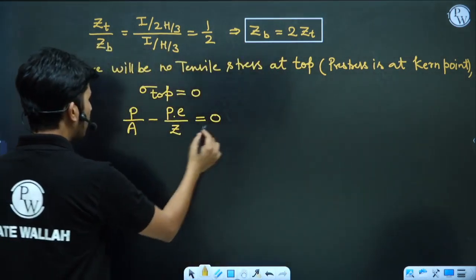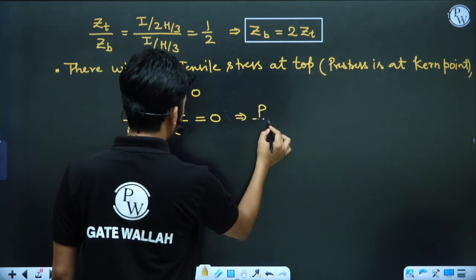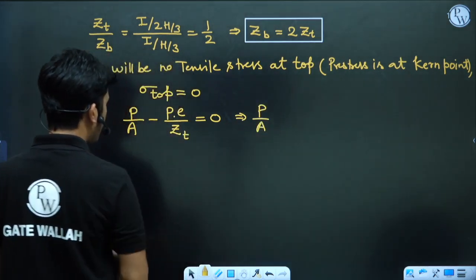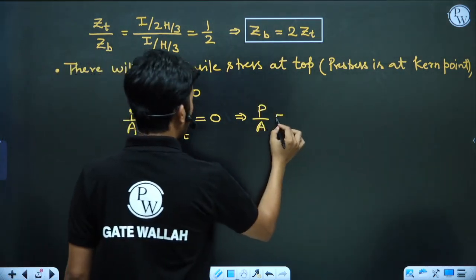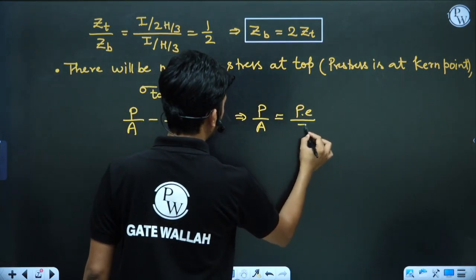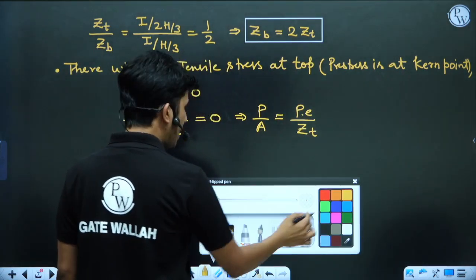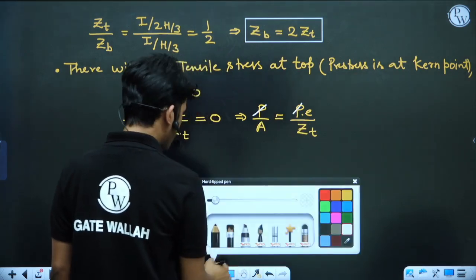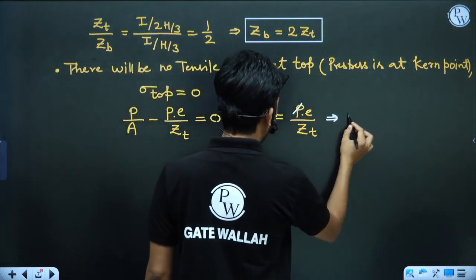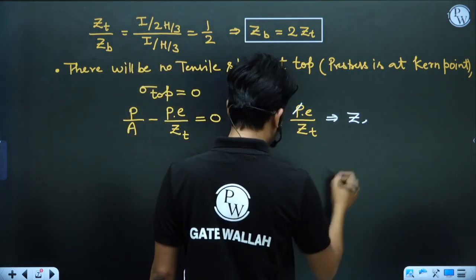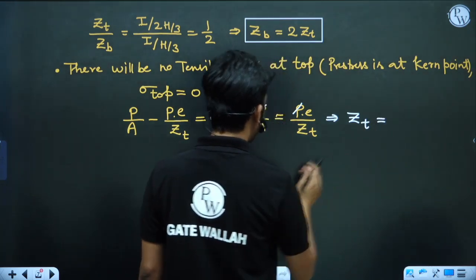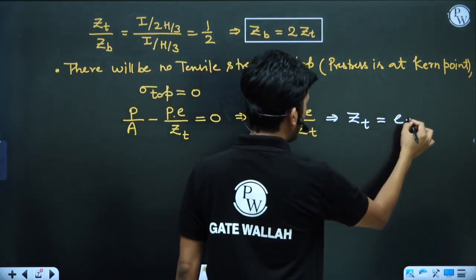So P by A will be equal to PE by ZT. P and P cancel out, and ZT will be equal to E into A.